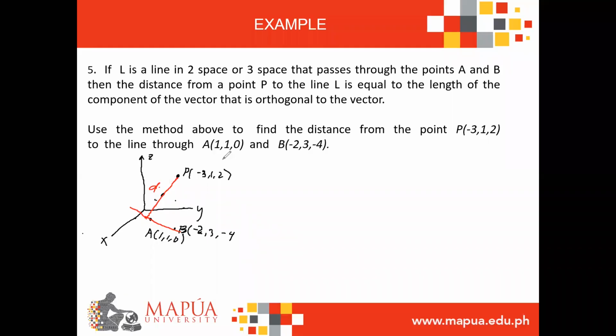So let's define the two vectors that we need here. So this is point A, connecting it to point B. That will now be the vector U. So let's connect it.